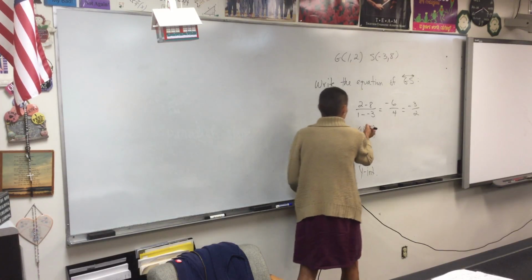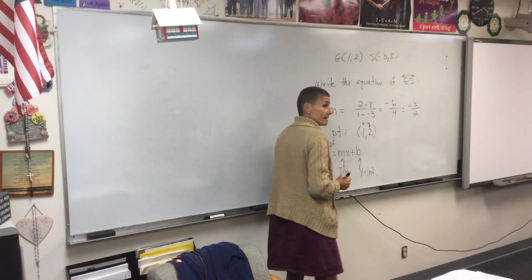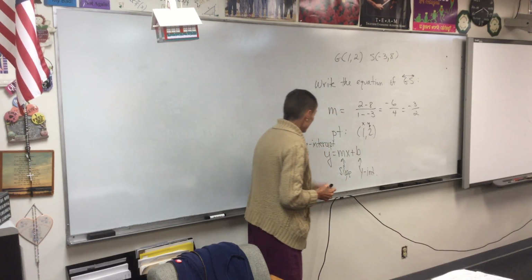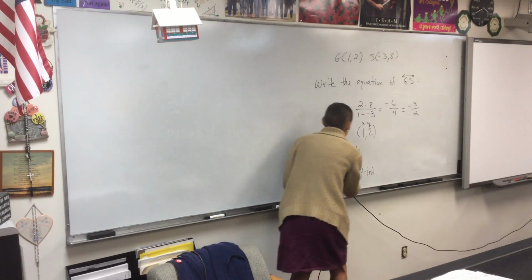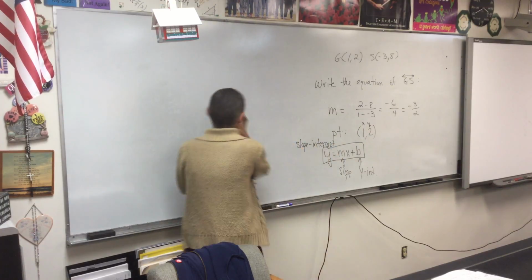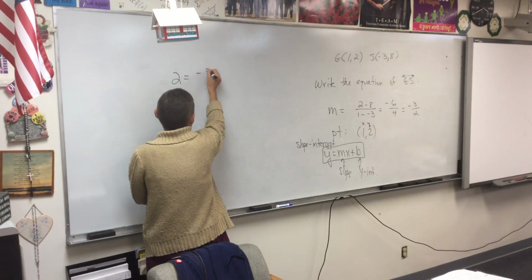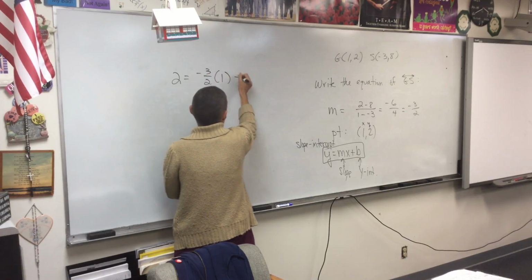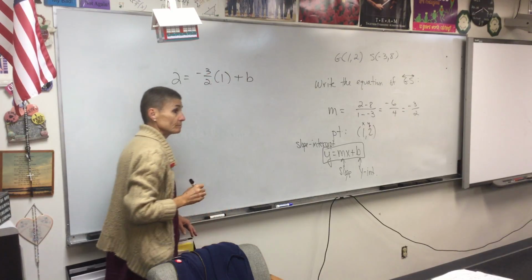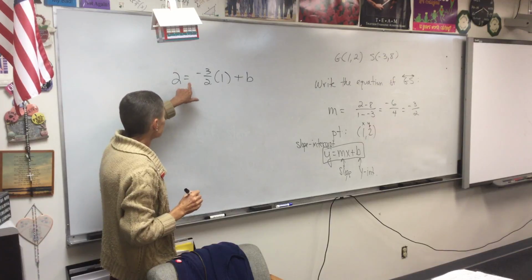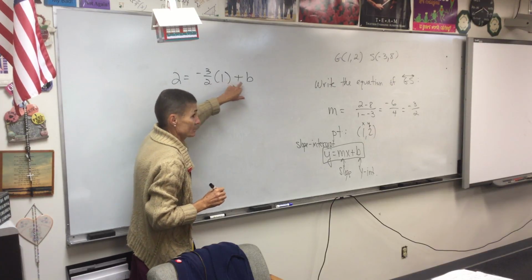Bingo. The point is your x and your y. So you're going to go back to this form right here, y equals mx plus b, and you're going to say 2 equals negative 3 halves times 1 plus b.